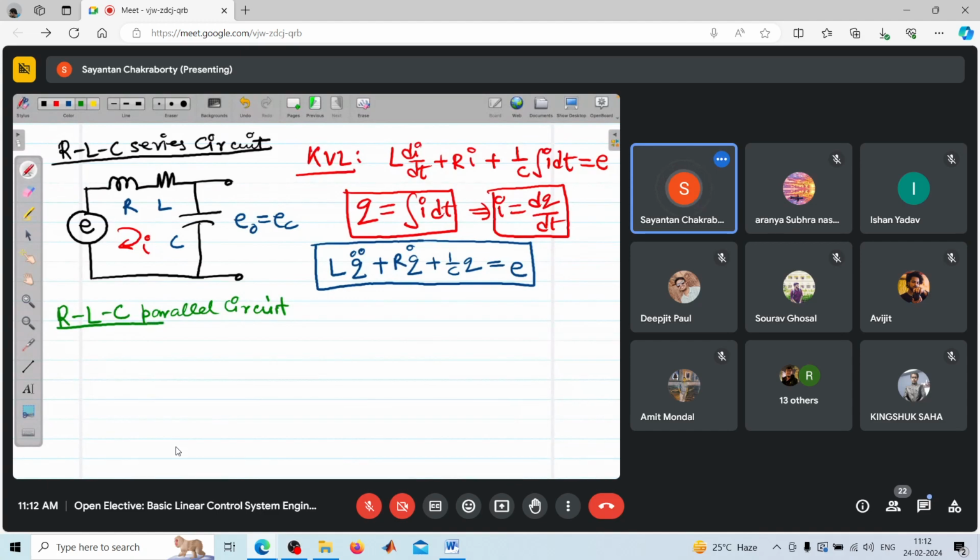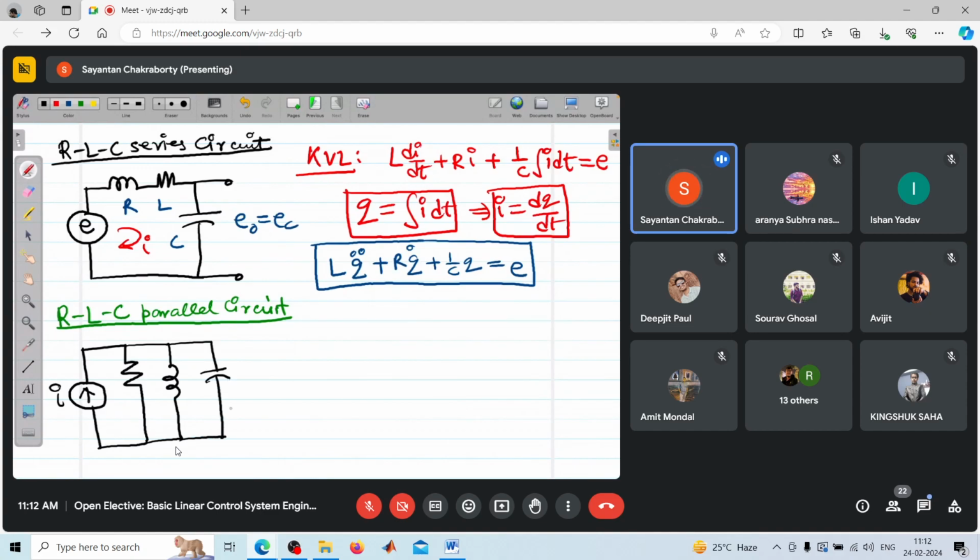Then the RLC parallel circuit, let us consider. In that case, let us consider a current source I, which is exciting R, L, and C connected in parallel.